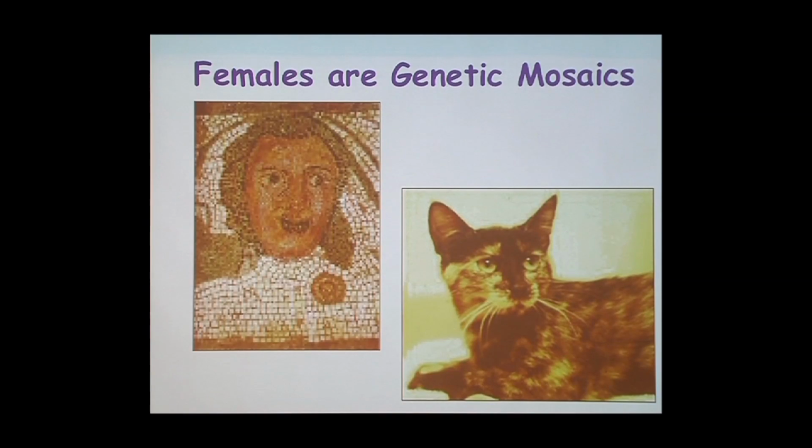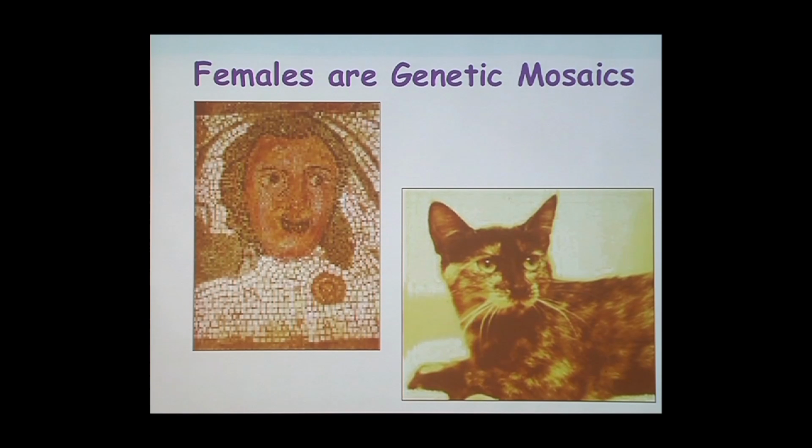So as a result of this, females are what we call mosaics. We have 2 different populations of cells in our body, all right? So we have some cells where the X that we inherited from our dad is active, and other cells where the X that we inherited from our mom is active, all right? So this is illustrated very nicely with tortoiseshell cats. Their coat color, the dark color and the light color, that coat color gene is on the X chromosome.